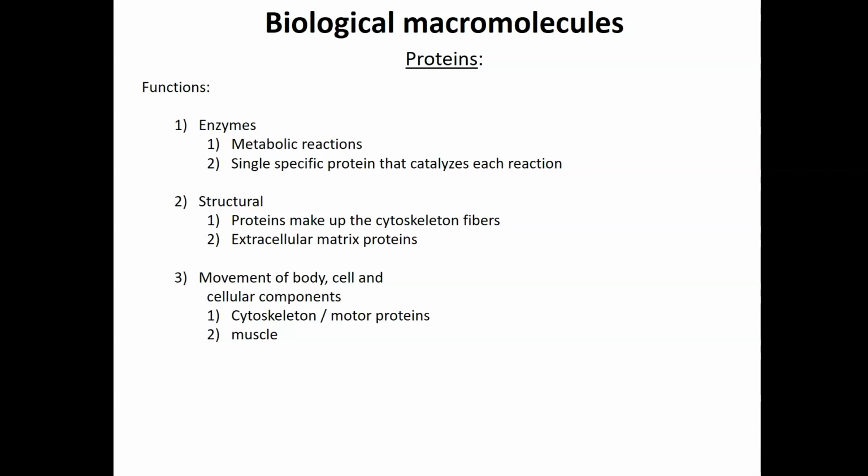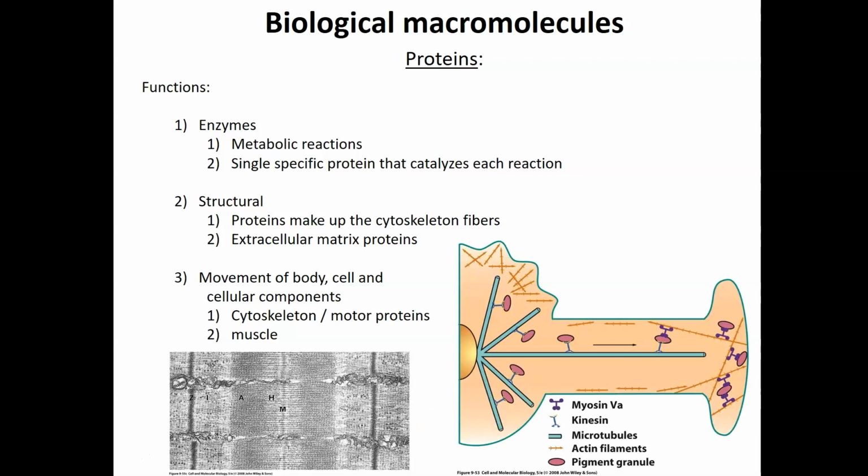The cell itself can move because of different proteins when it moves through a particular environment. Motor proteins within the cell itself can allow for the transport of different vesicles, nutrients, etc. from within the cell. So proteins are absolutely essential for movement of everything from within the cell to the cell itself, as well as the body.